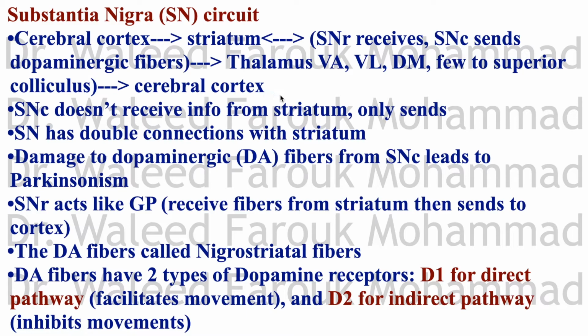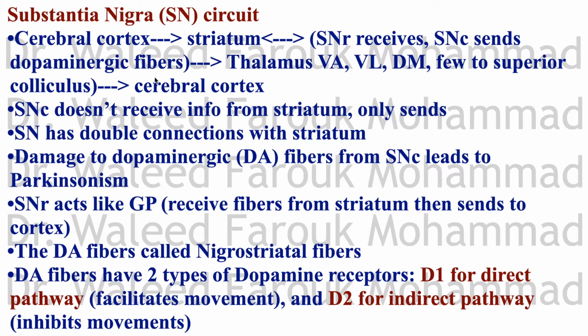Observe that the substantia nigra compacta does not receive info from the striatum, it only sends outflow. And the substantia nigra, that way, has a double connection with the striatum, back and forth.